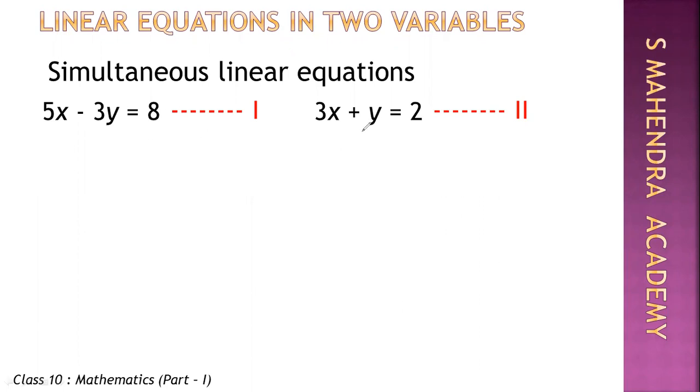Here y has the lowest coefficient in equation number 2. So we will rearrange this equation as y is equal to 2 minus 3x, and we will substitute this value of y in equation number 1.